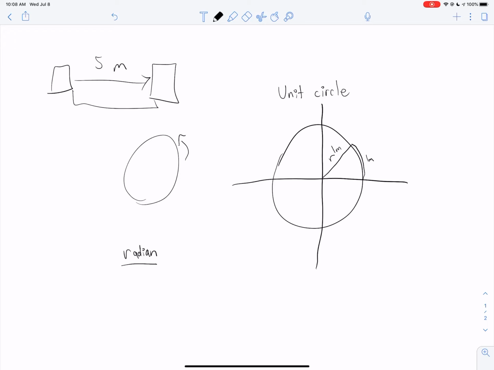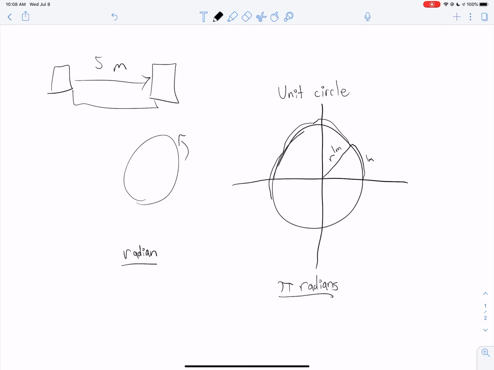The special thing about the radian as a measurement is that in a half circle, so let's say we have 1 radian there, 1 radian here, another radian here, and then part of a radian there, in the upper half of this circle we have pi radians of measurement.